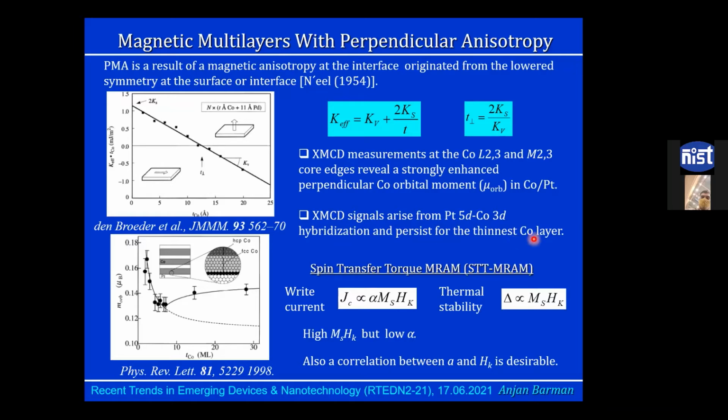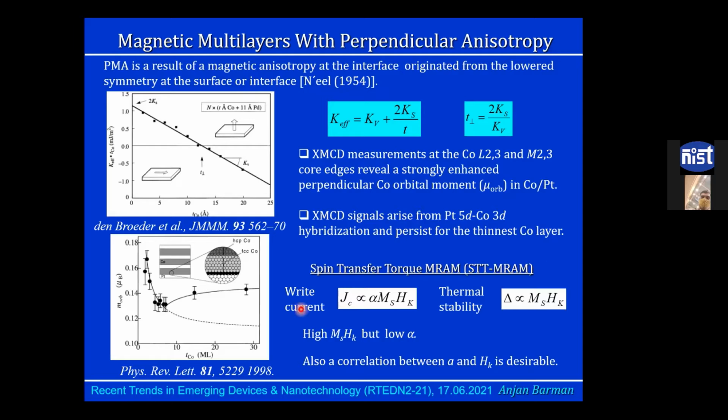The importance of this material is, of course, in various kinds of perpendicular media, but more in spin transfer torque MRAM, or STT-MRAM devices, because here you have the write current. I showed you how MRAM works. You have a write current and read current, and also you need to have thermal stability.